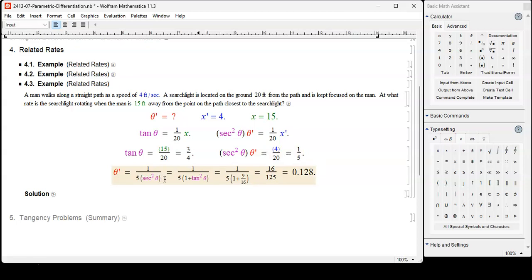Now use the trig identity, secant squared is 1 plus tangent squared. And then what is tangent squared? Well, tangent is 3/4, 15 over 20. So taking the square, I get 9 over 16. So we have this computation to do. It's not too bad. I just used a calculator to do that, as you saw. 16 over 125, so 0.128.